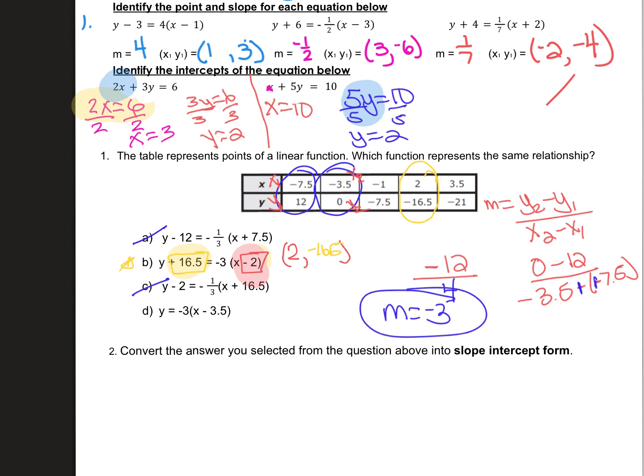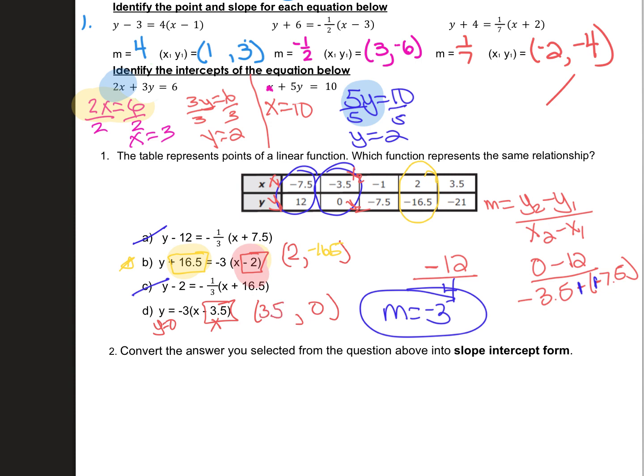Check all your answers. Okay, so here I have an x value. This is my x, and I do have a y value. Hopefully you know that y is 0. So when I pull them out, I already know my y value is 0, and my x value is going to be a positive 3.5, because remember, it's opposite.